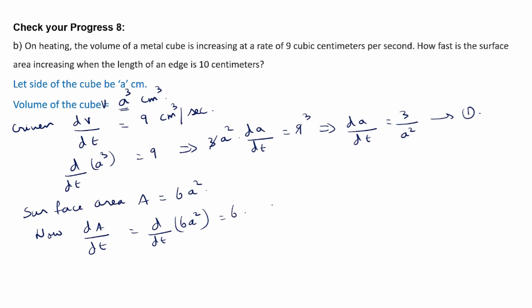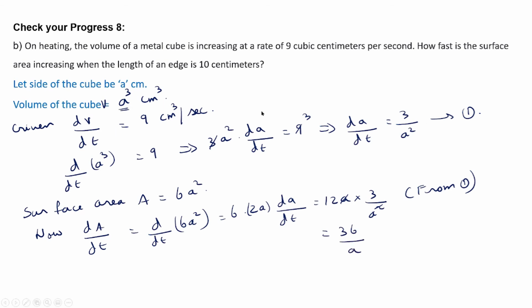This is equal to 6 into derivative of a square. Derivative of a square is 2a into da by dt. So this is equal to 12a into da by dt, which is 3 by a square, from 1. So this is equal to 36 upon a.